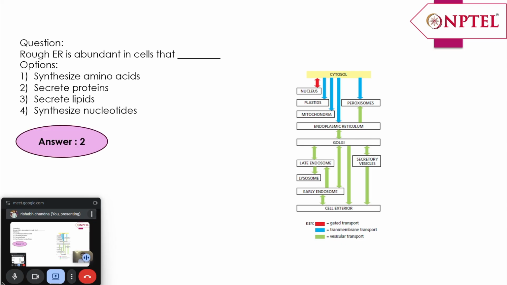So the correct answer is option 2, that means cells that secrete proteins. Okay, so here we need to understand another concept, that is the concept of signal peptide. So what is actually a signal peptide?